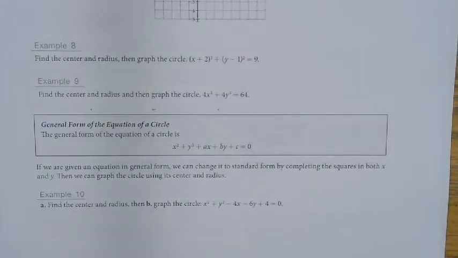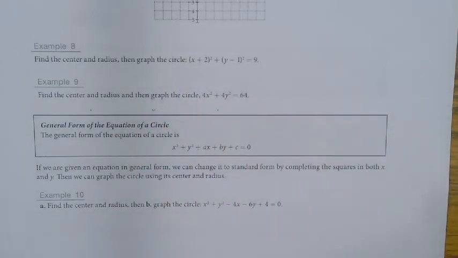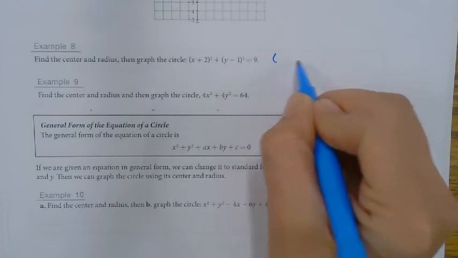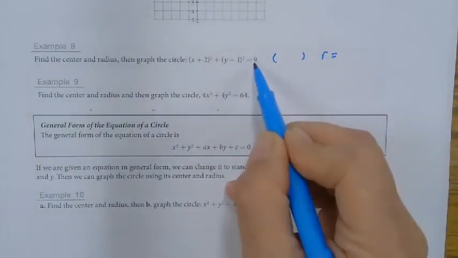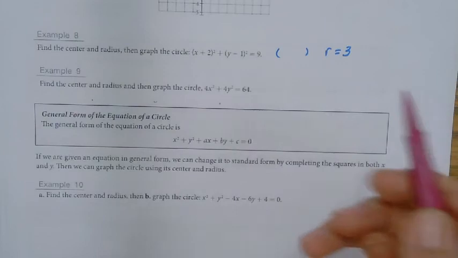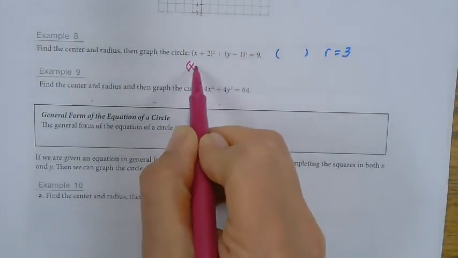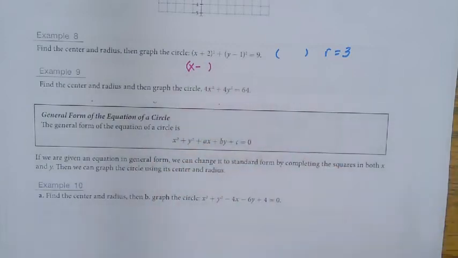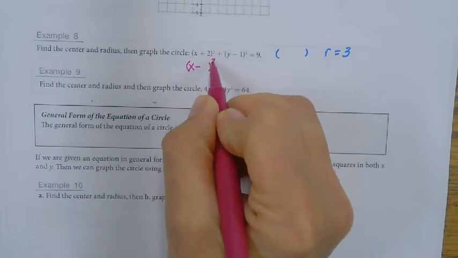Example 8 here takes things backwards, and it gives us the equation and wants us to find the center and the radius. Well, the radius is going to be 3, because 3 squared would be 9. If we look at the point here, the formula says minus h squared.